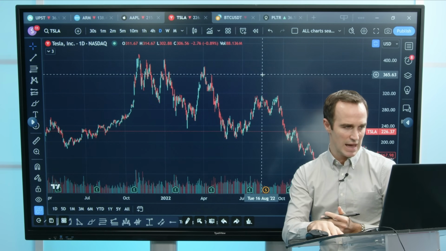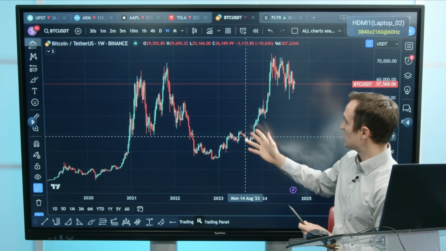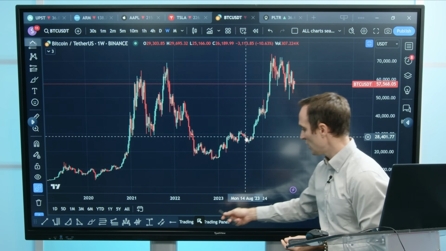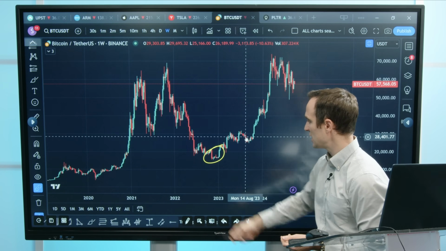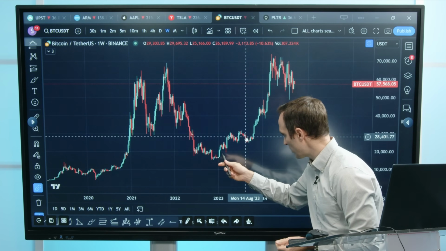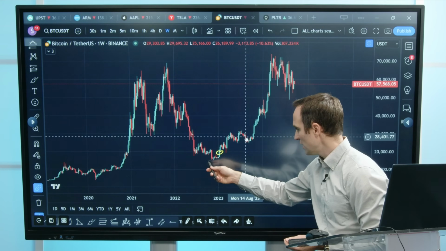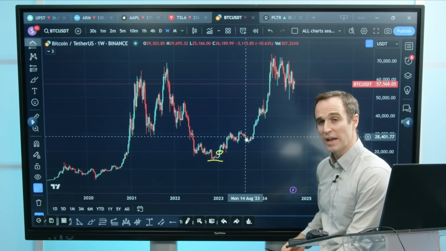And let's take the last example here on Bitcoin, where you see this is the weekly chart. And let's say that you were lucky enough to load a nice big long position right in this area. And let's say you entered right here, okay? And your stop went right there. Where would you have put your stops next?